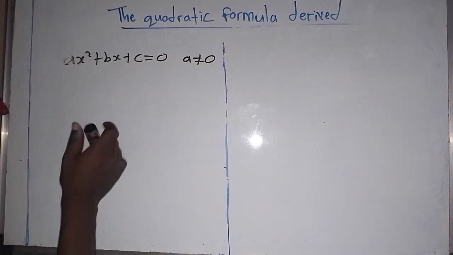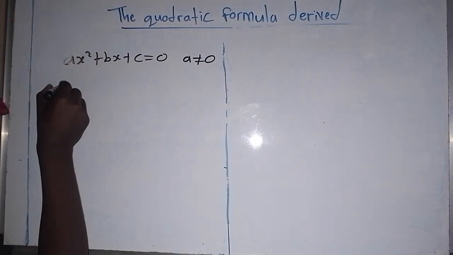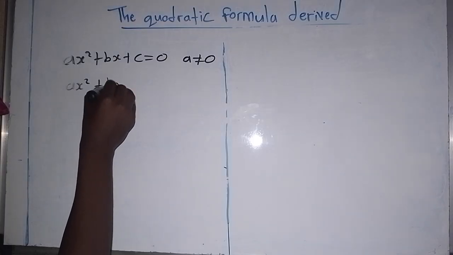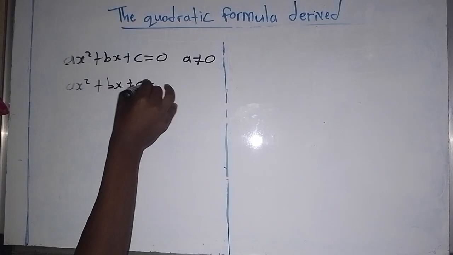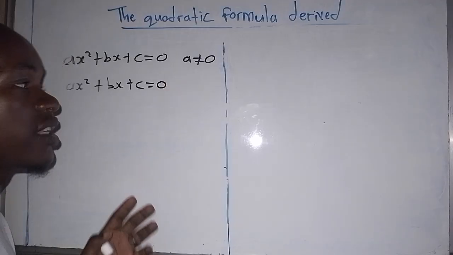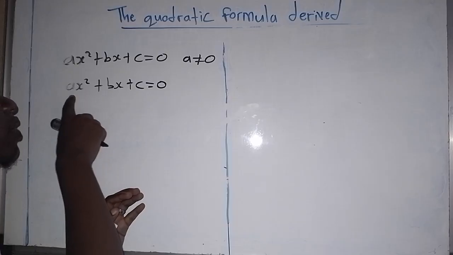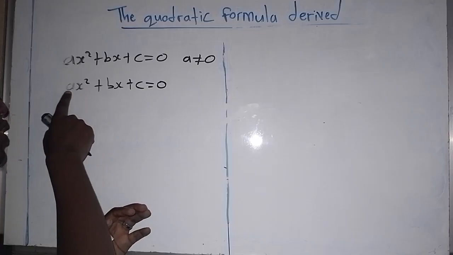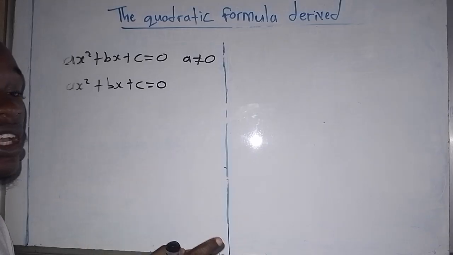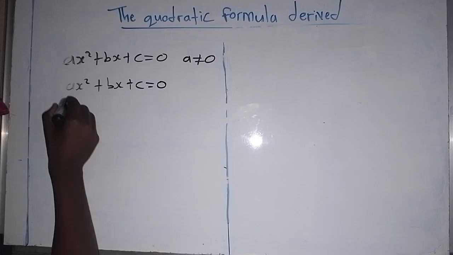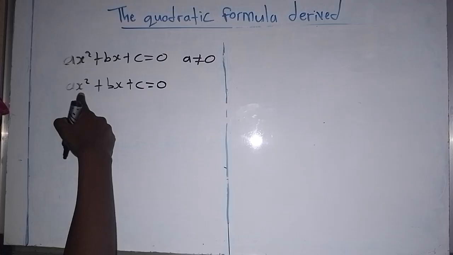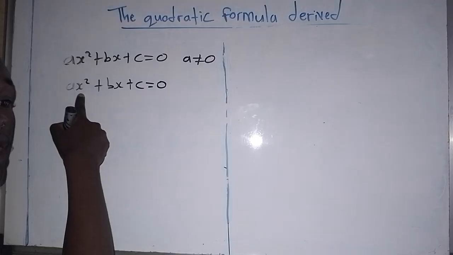So I have ax to the power 2 plus bx plus c equals 0. Completing the square does not work if x squared has a number attached other than 1, because the coefficient of x squared should be 1. So we divide throughout by a, so that x squared has a coefficient of 1.